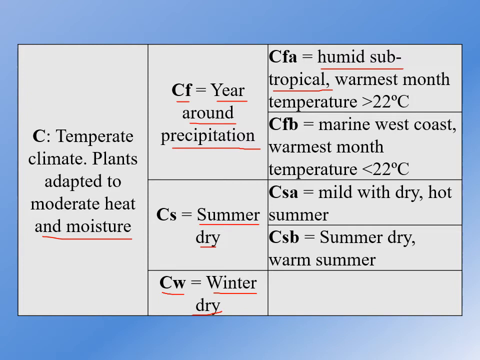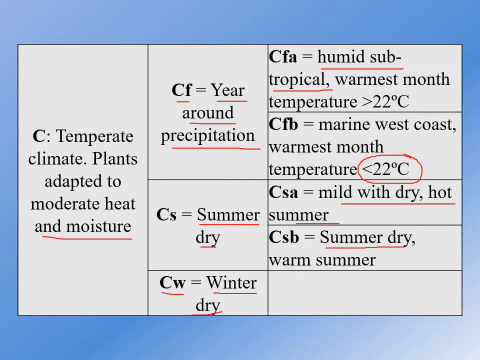The second type, that is the marine west coast warm climate, where the warmest month temperature is less than 22 degrees centigrade. The Cs type also has two different types: Csa, that is mild with hot dry summer, and Csb, that is summer dry and warm summer.